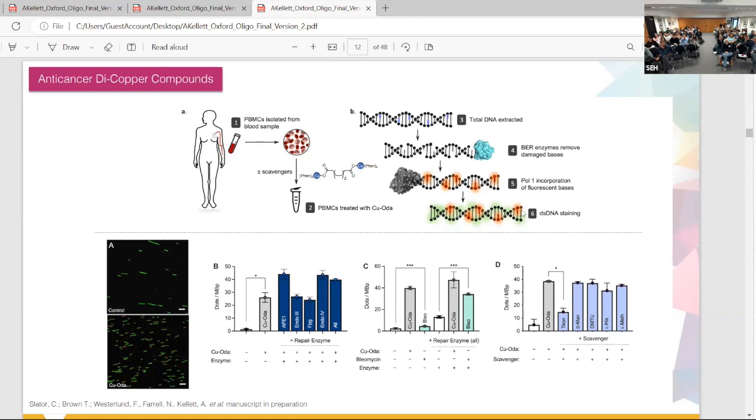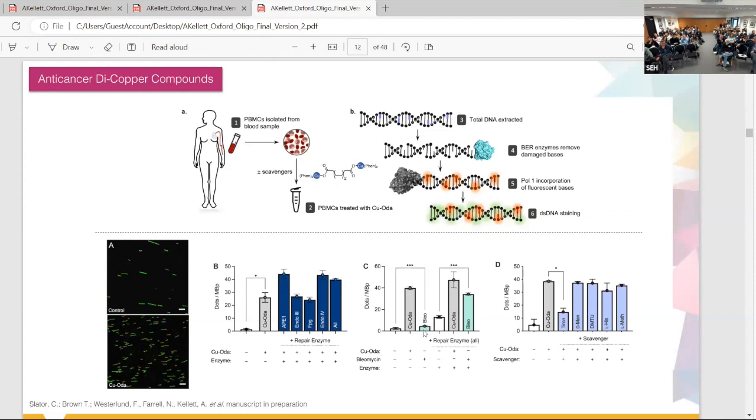And then, if these have been successfully incorporated, you end up with foci that can be imaged in single molecules of extracted genomic DNA. So it turns out that in the presence of copper ODA, we're producing a high amount of DNA damage. And when we combine this with specific repair enzymes, you can see some have increased, we get an increase in the amount of damage detection, presumably because they're recognizing these lesions, cleaving them out and introducing another fluorescently modified base.